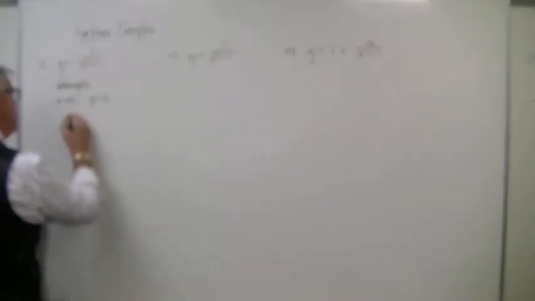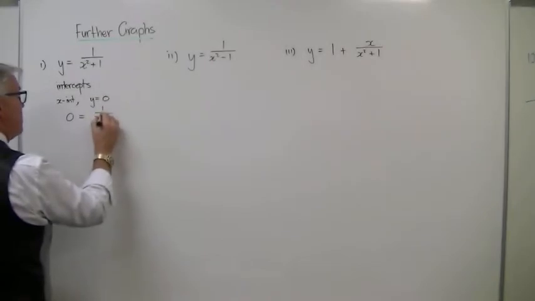Next step then will be to see whether there are any intercepts on the x and y axes. So let's put a little heading there of intercepts, and we'll first address the x-intercept. For the x-intercept, you should know that y will have to equal 0. So if I make y equal 0 in this expression, 0 equals 1 on x squared plus 1.